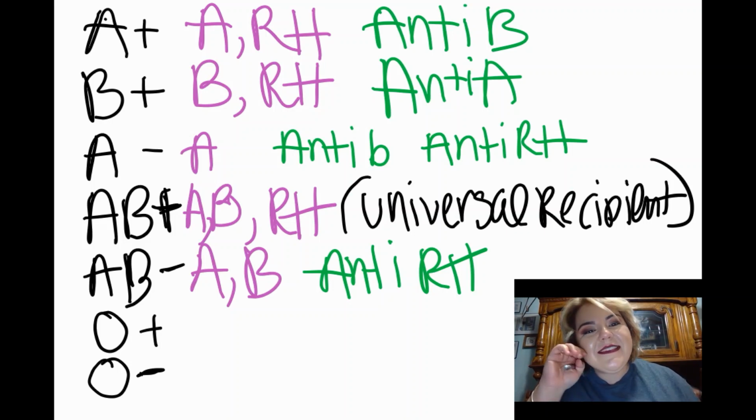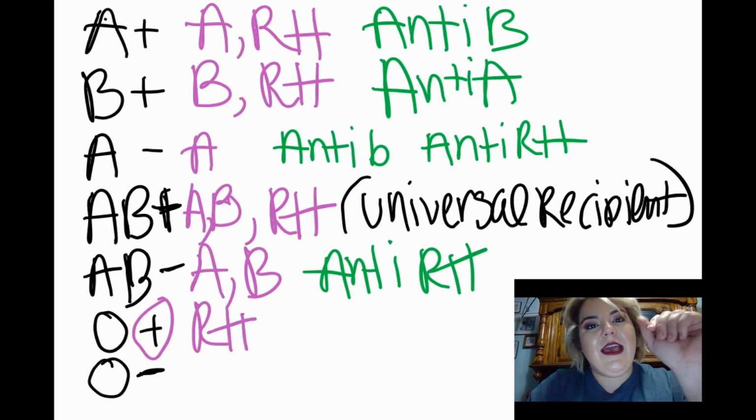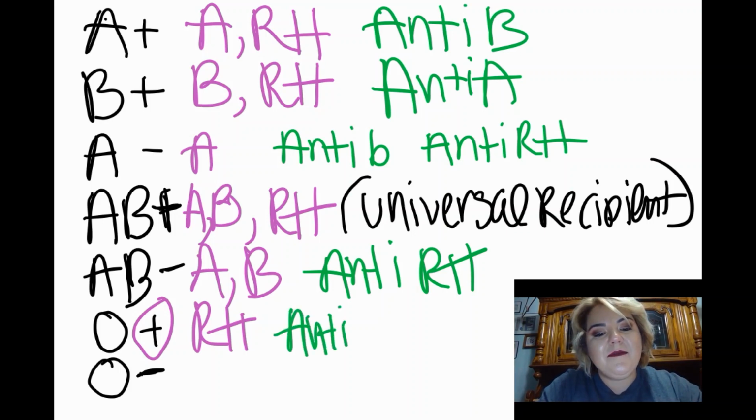So that just means that it doesn't have any antigens, but since it's positive, it does have RH. So if you see a red blood cell that only has that RH antigen, you know it's O positive. O positive is going to have anti-A and anti-B.